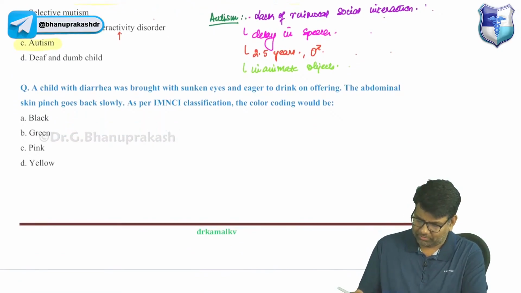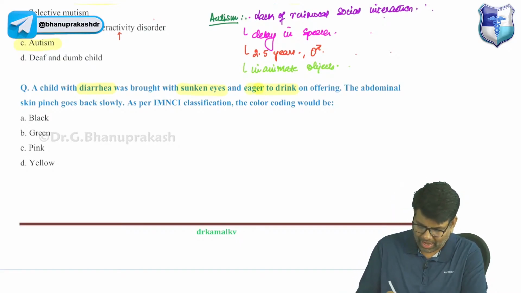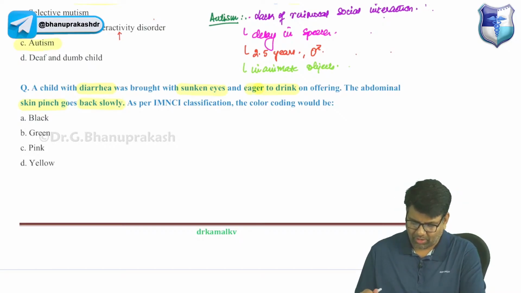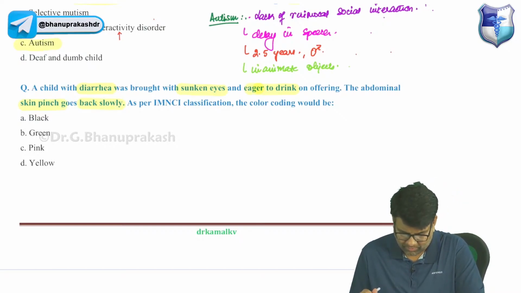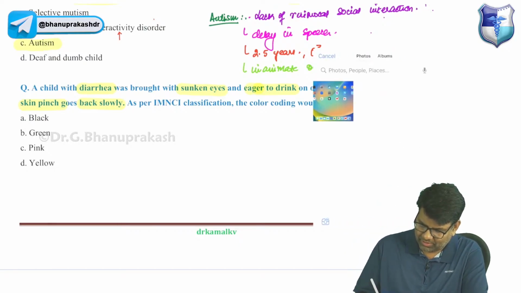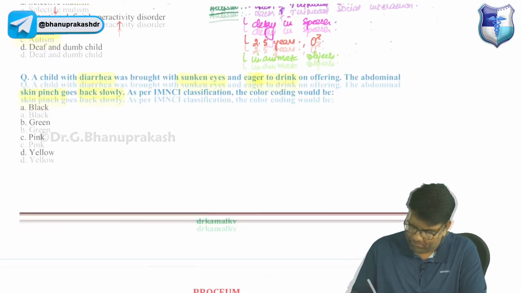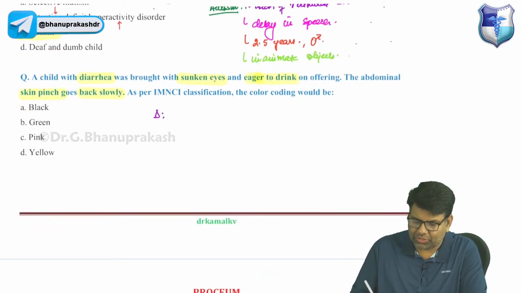Next question. A child with diarrhea was brought with sunken eyes and he is eager to drink on offering water, and skin pinch goes back slowly. Which type of dehydration is this?